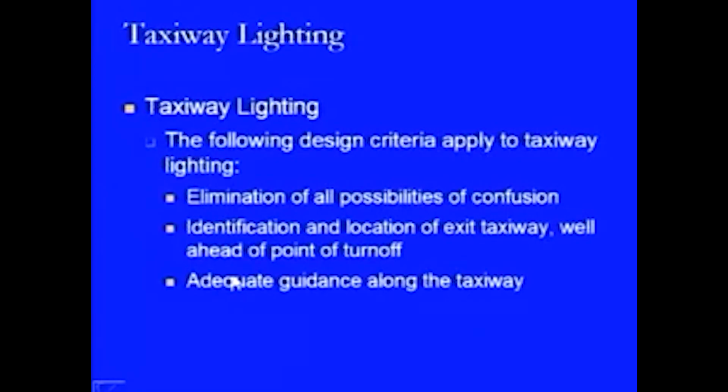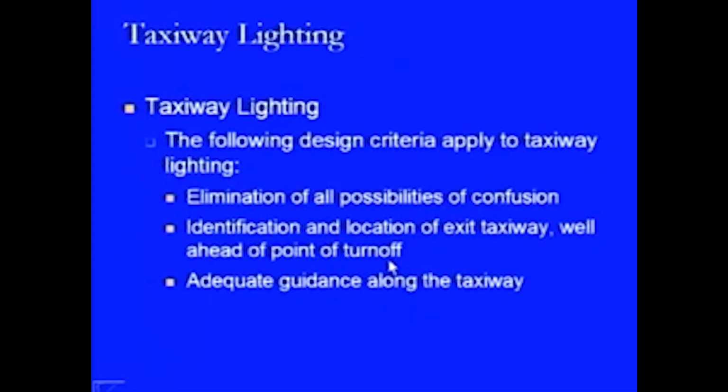Now, we look at the taxiway lighting systems. In this case, we have various types of lighting systems, and we will be looking at those types. But the design criteria applied to the taxiway lighting is that there should be an elimination of all possibilities of confusion, and identification and location of exit taxiway well ahead of the point of turn off should be possible.